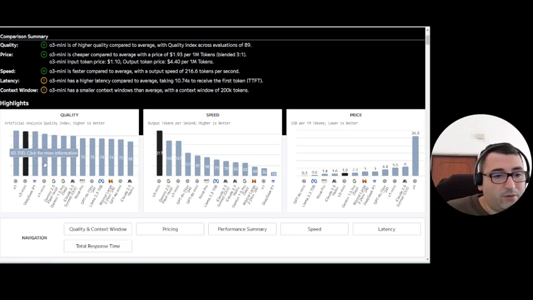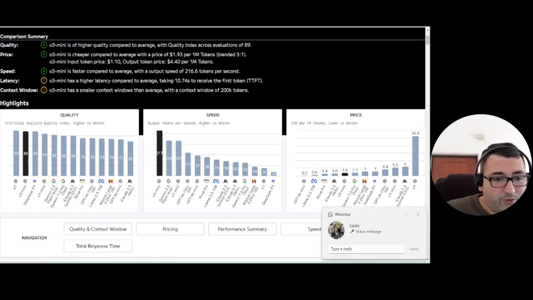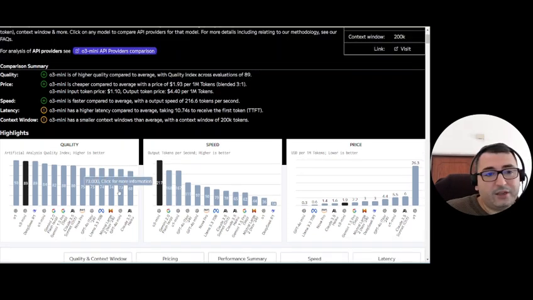Then we have the O1 Mini, the Gemini 2.0 Flash Exp, the Gemini 1.5 Pro, and Claude 3.5, which is still leading in a good position. As you can see here, the comparison analysis gives a bit of an overview of what those models offer. The O3 Mini is of higher quality compared to average, with a quality index across evaluations of 89.